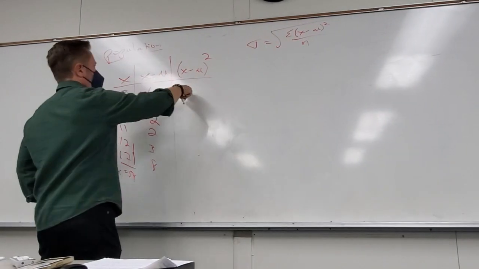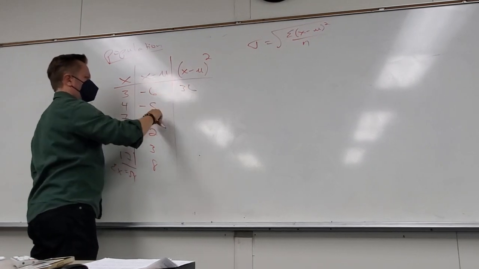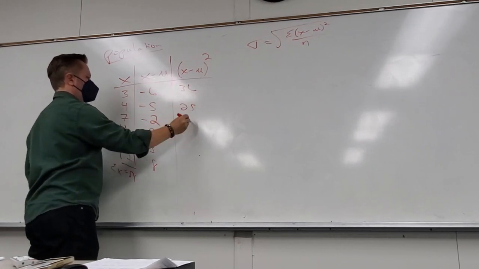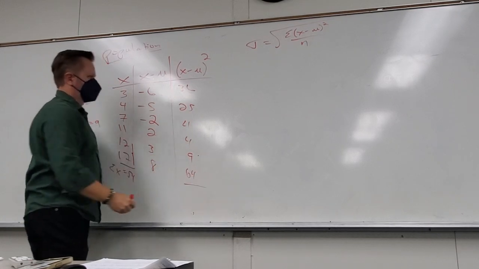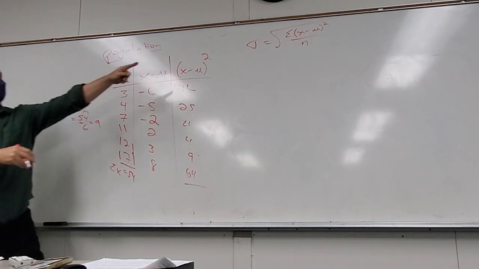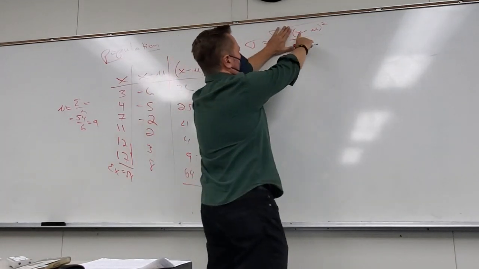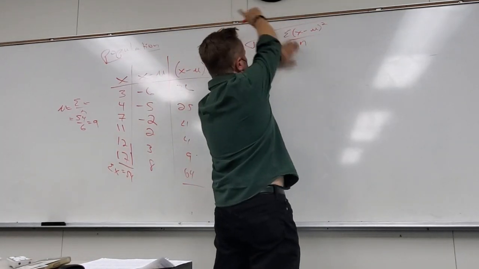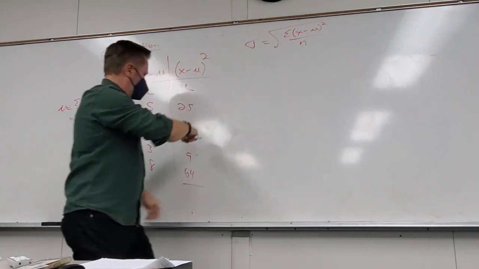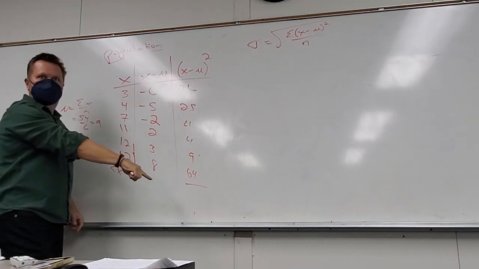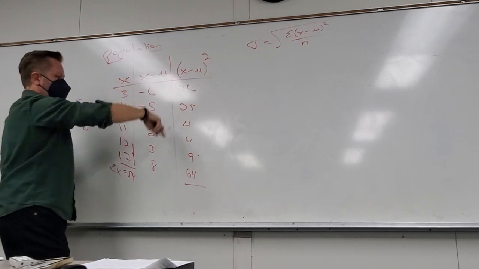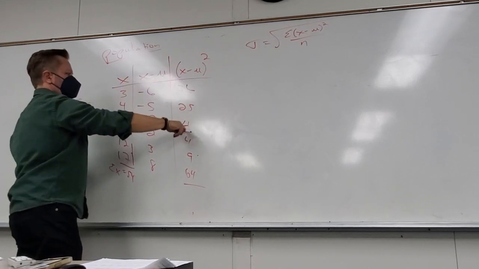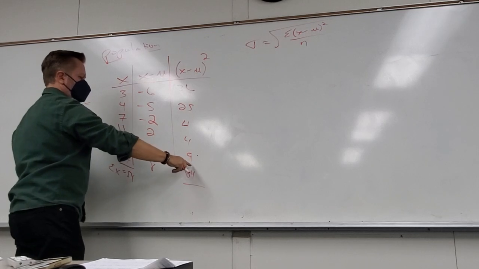So what do we get here? 36, 25, 4, 9, 64. So see what the formula needs. It needs a bunch of these. Well, we got them. And then it needs the sum of those. And I'm going to show you in a minute how to get all this on the calculator. So we're going to get 40, 69, 78.